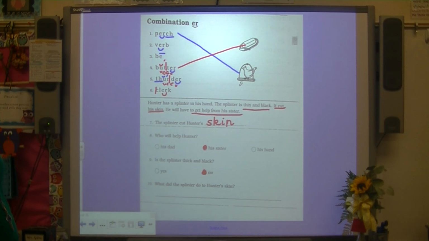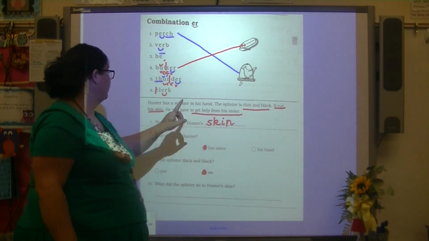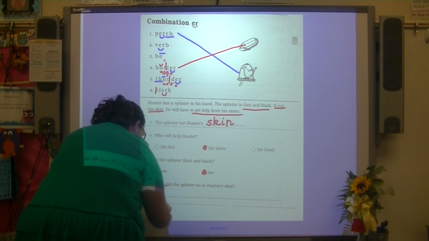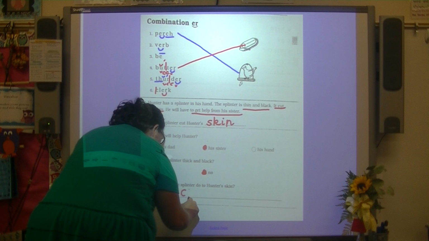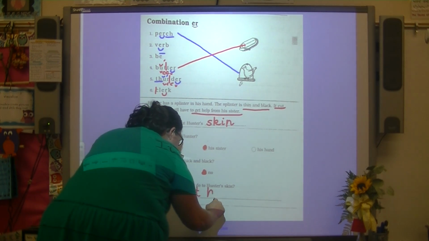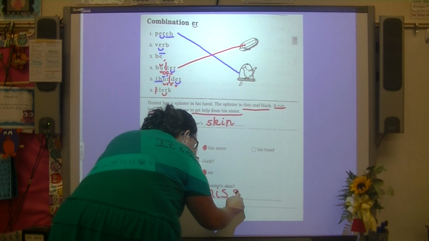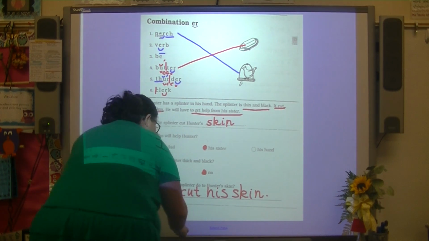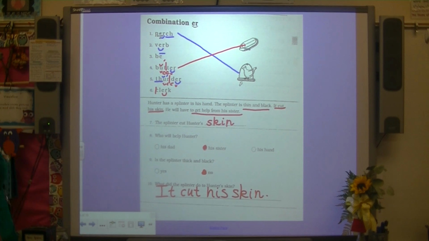All right, we already have that sentence underlined. It cut his skin. You cut his skin.